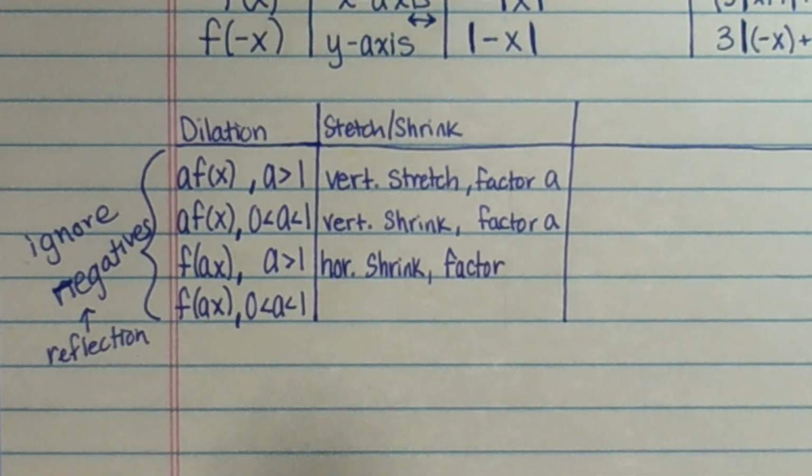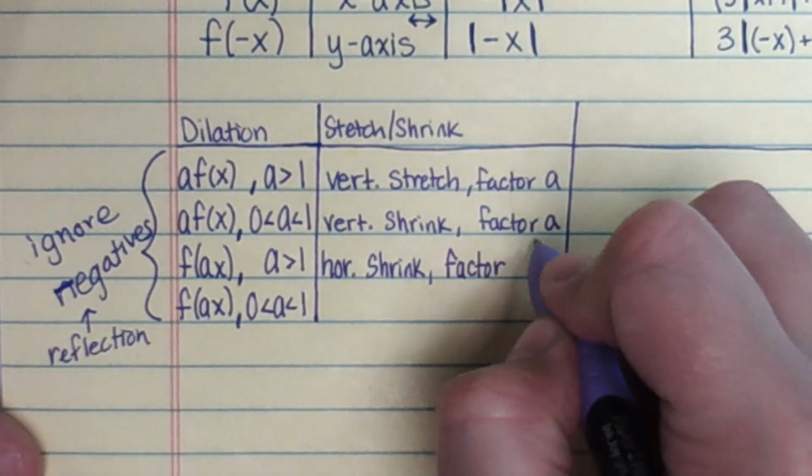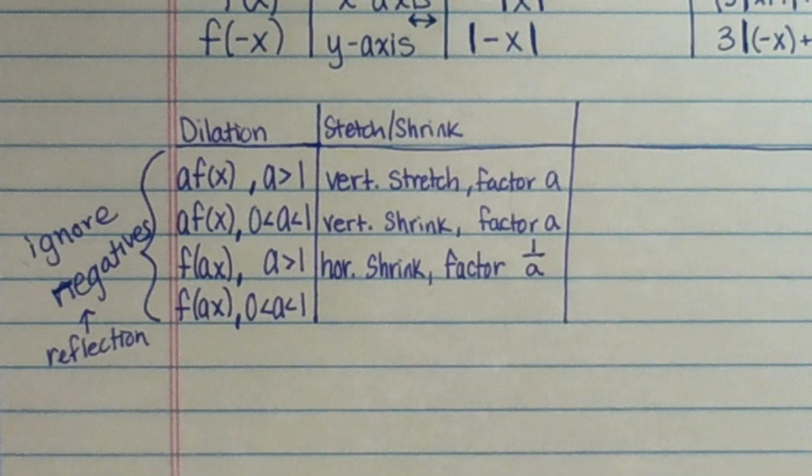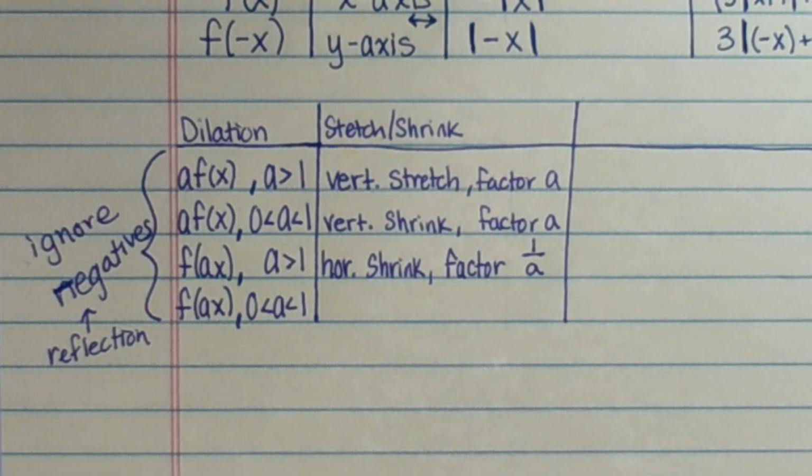And the factor for horizontal is the reciprocal of the number. It's the flipped version. If it was a 5 in front of the x, since 5 is bigger than 1, it would be a horizontal shrink factor. The reciprocal of 5 is 1/5.